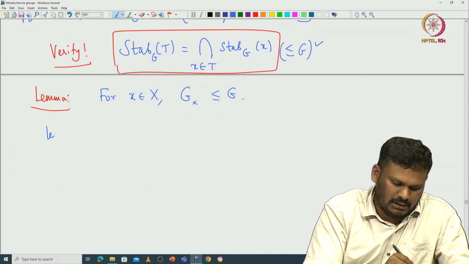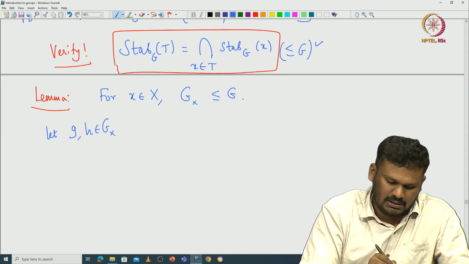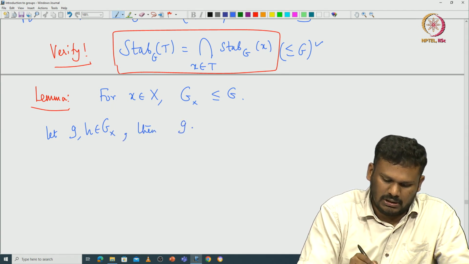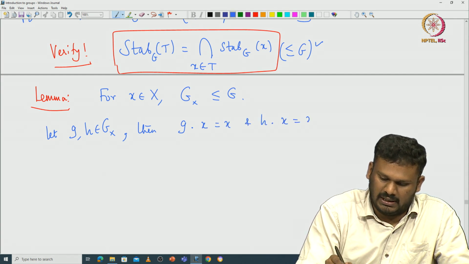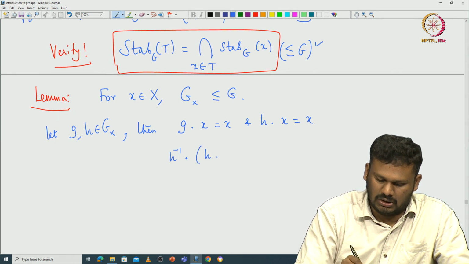So let two elements g, h be inside G_x. Then by definition, g dot x should be x and h dot x should be x. Okay. So now look at this particular action of h inverse on h dot x. h inverse dot (h dot x) is going to be exactly equal to h inverse dot x.